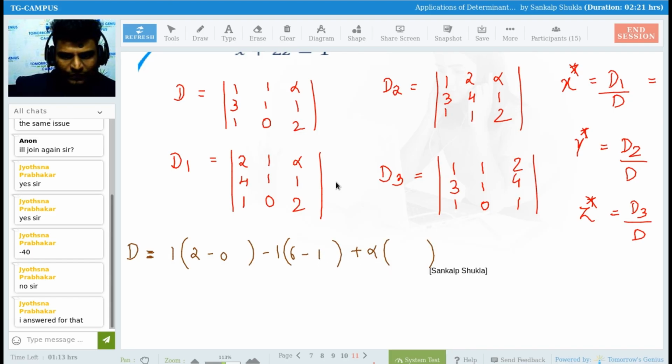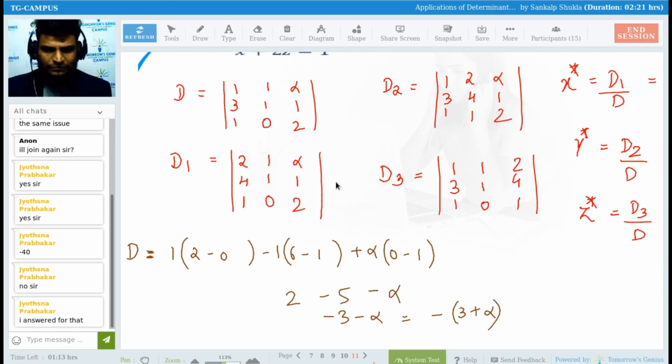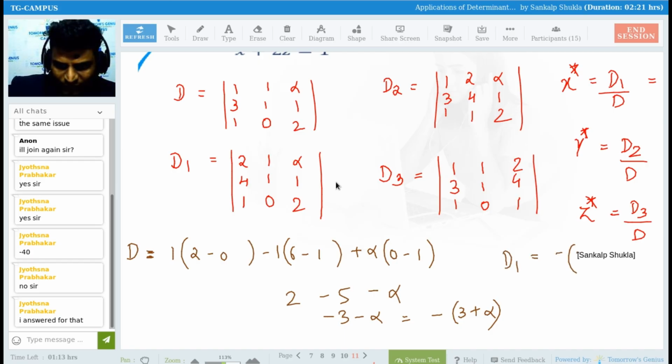And then alpha, so it is 0 minus 1, so minus alpha. 6 minus 1 is 5, it is minus 5. 2 minus 5 minus alpha, that is minus 3 minus alpha. I can write it as minus of 3 plus alpha. So the value of D is minus of 3 plus alpha.